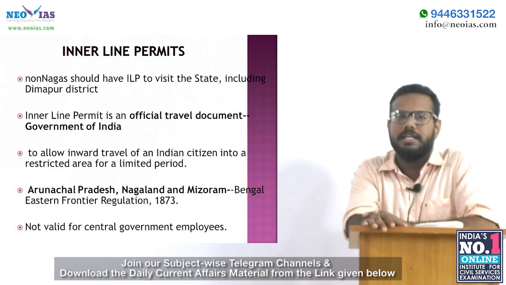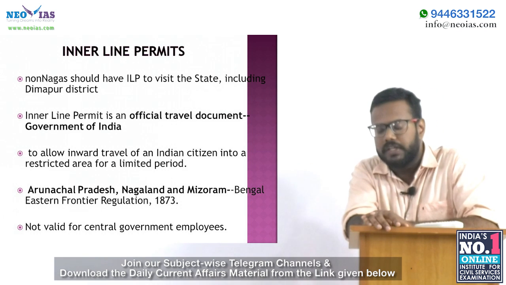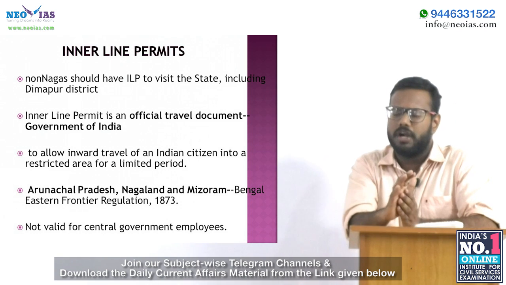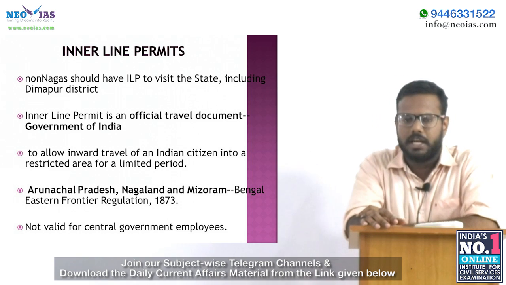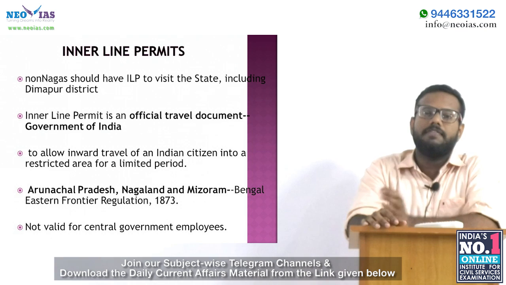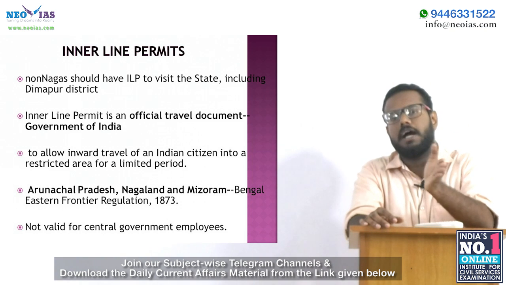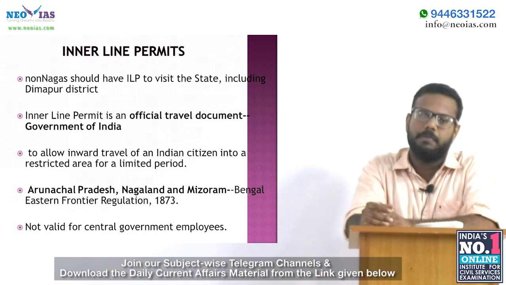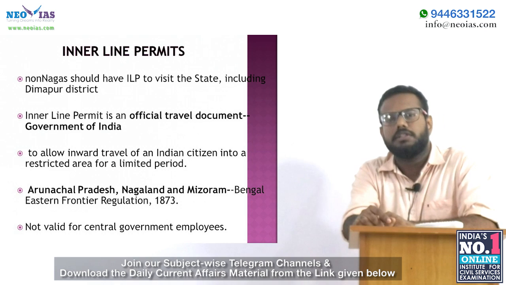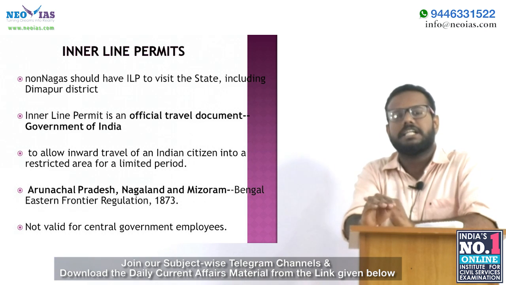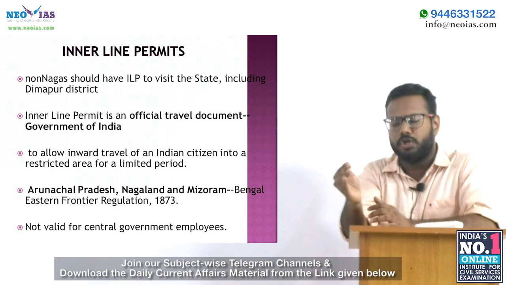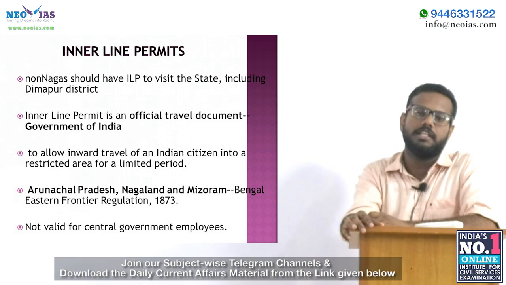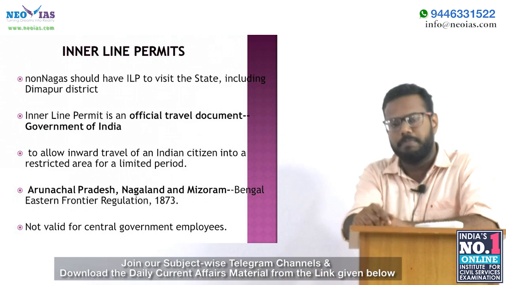And our news is about Nagaland. Earlier, all other places of Nagaland were accessible only through the Inner Line Permit. Now, even Dimapur, the commercial hub of Nagaland, is also included in the ILP. That is, the Nagaland state is now entirely under the Inner Line Permit. So, if a non-Naga wants to enter any place including Dimapur, he should possess an Inner Line Permit.